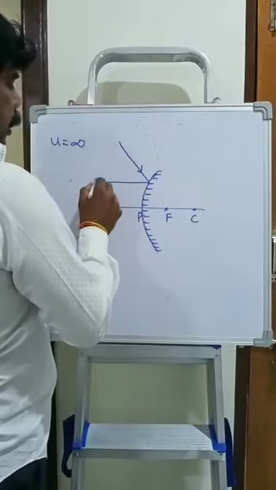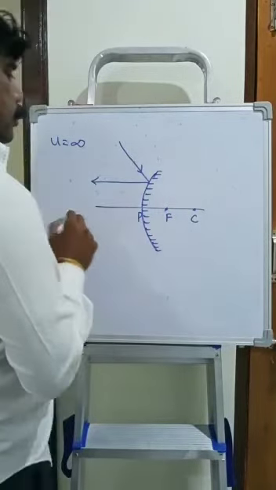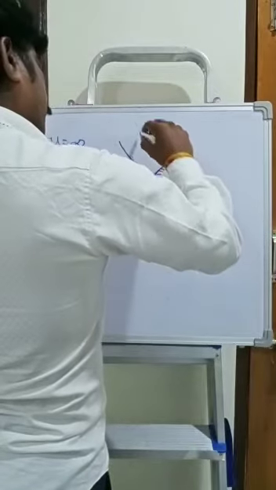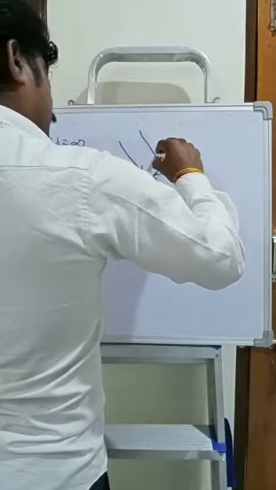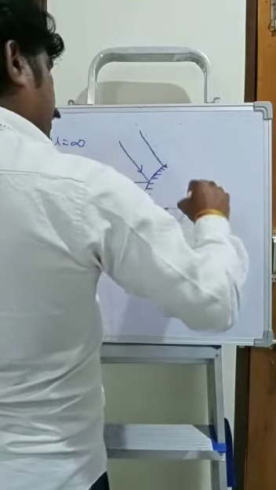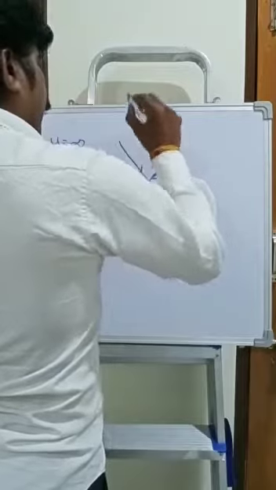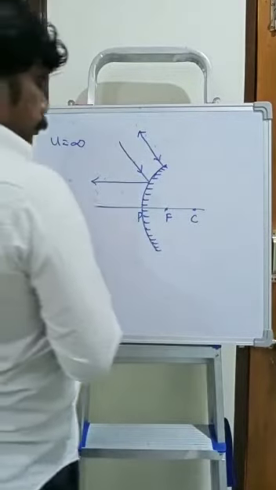It should be parallel after reflection. And the second incident ray I am taking is passing through the center of curvature. It should be reflected back in the same way.